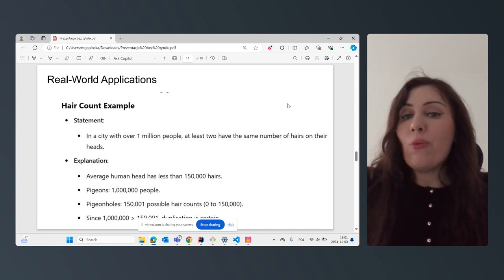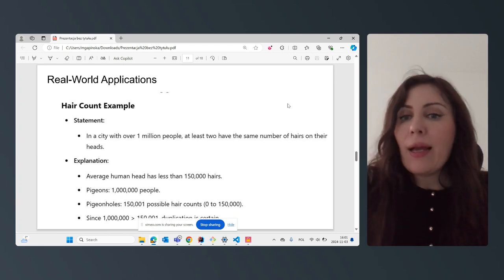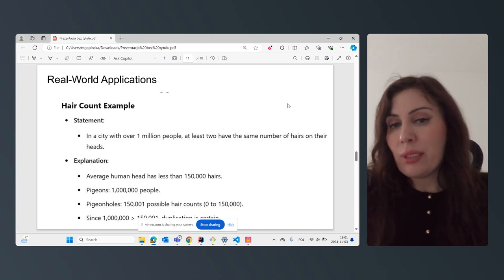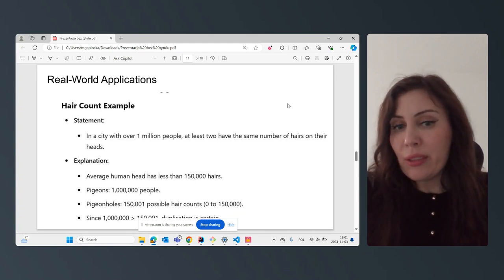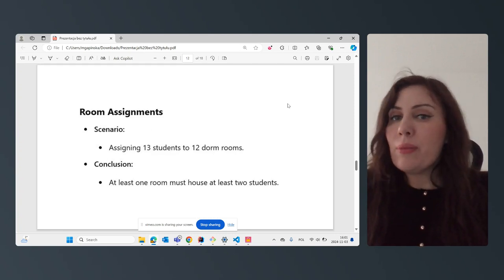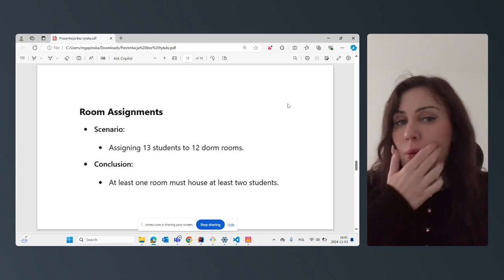Pigeonholes, 150,001 possible hair counts. And since 1 million is bigger than 150,001, duplication is certain.